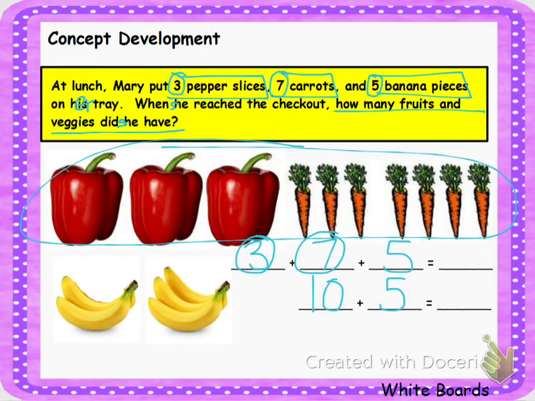So we know this is 10, 11, 12, 13, 14, 15. So yes, 10 plus 5 equals 15. That means that 3 plus 7 plus 5 equals 15. You could have counted every single one if you needed to. But it's important that if you know which numbers make 10, you can just say 10 for that and then count on for the other ones that did not make 10.